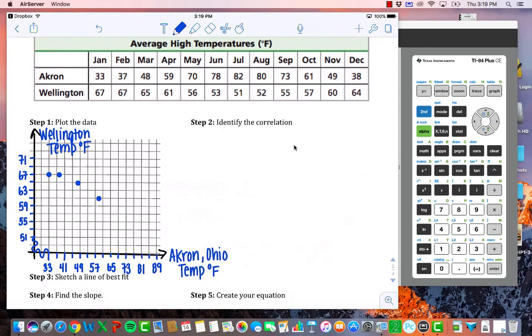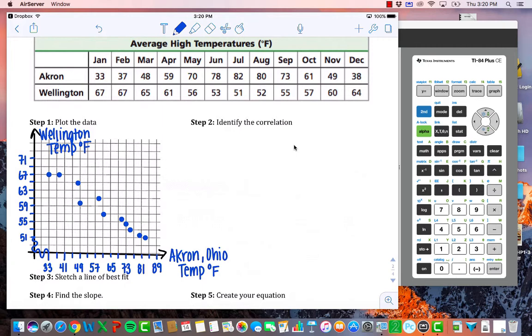(70, 56), which is somewhere right there-ish. (78, 53), somewhere right there. (82, 51), somewhere right there. (80, 52), somewhere right there. (73, 55), somewhere right there. (61, 57). (49, 60).